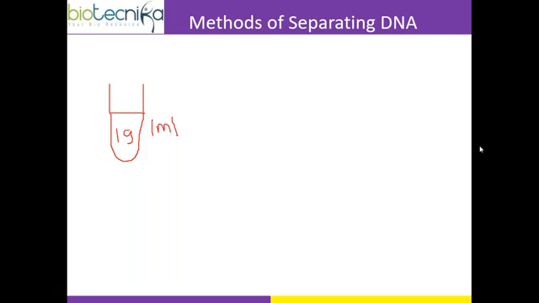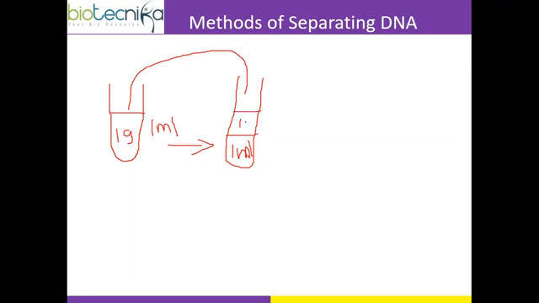Say yes or no. Are you there listening to me? Now in another tube, I am transferring this 1 ml, so it contains 1 ml. Again, I am adding another 1 ml of water.